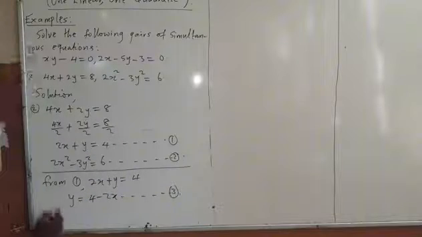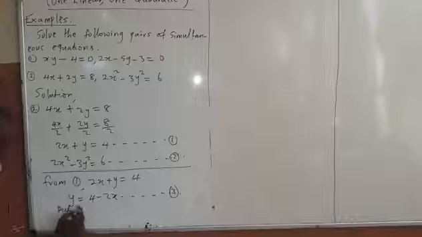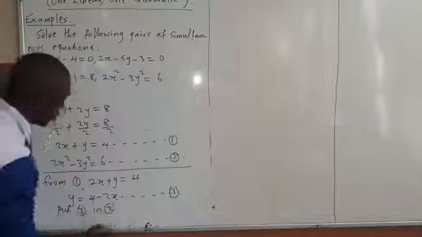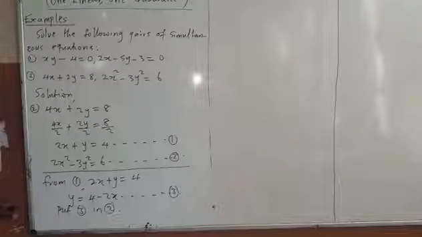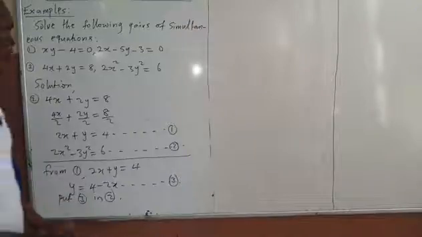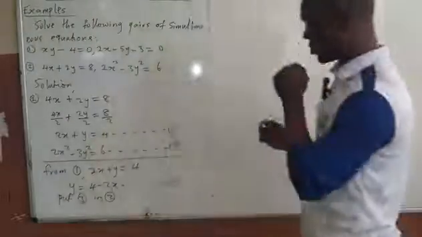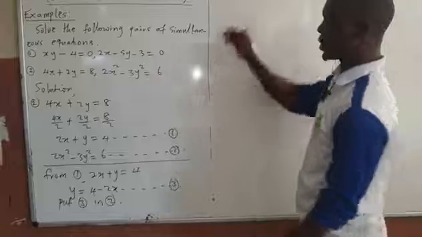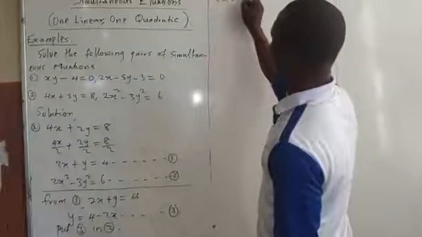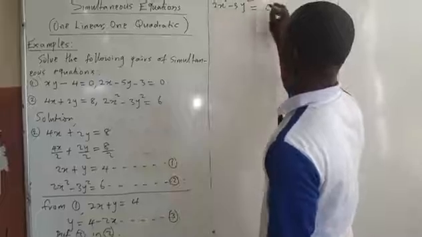You can now put 3 in equation 2. So we put 3 in 2. It means anywhere we see y in equation 2, we replace it with 4 minus 2x. So equation 2 says 2x squared minus 3y squared equals 6.